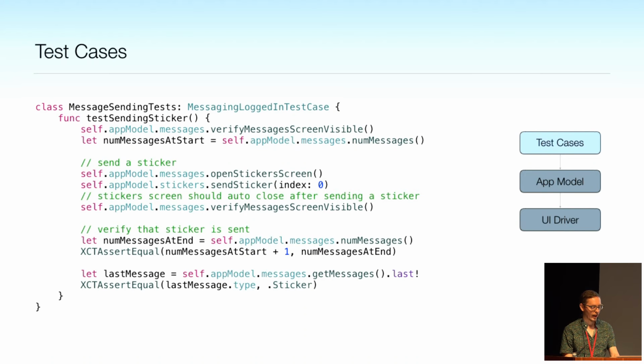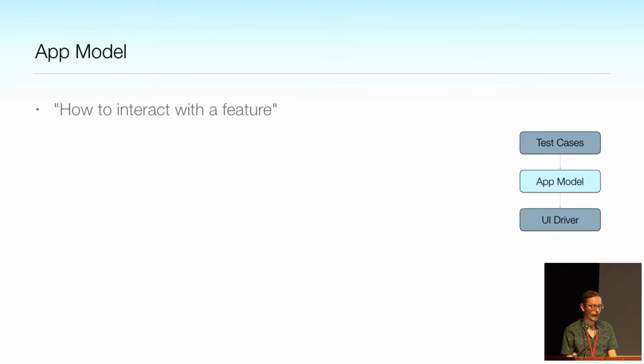But what do the actual app model pieces look like? So the app model pieces, they describe how to actually interact with the feature. This is where code specific to your UI comes in. This is where you say, this is what a button should be named, or this is how to find a text field. So you should think about your app model as really an API to your app.